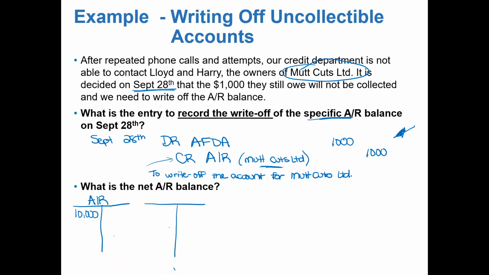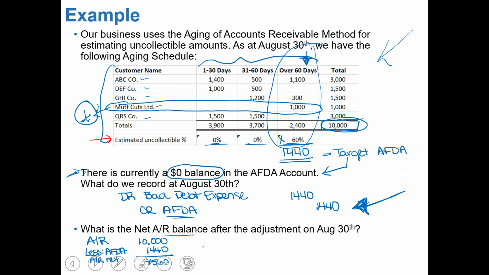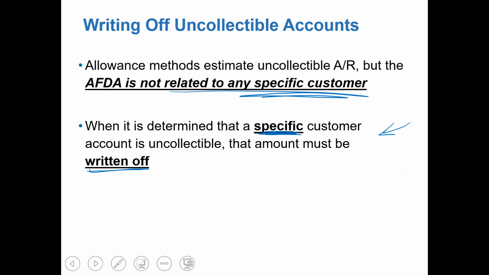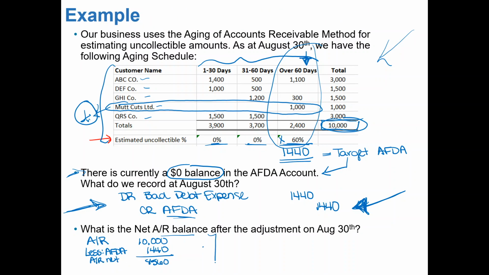And in our previous entry, where we set this allowance up, we estimated it, we booked AFTA as a credit of $1,440. So we booked the bad debt and we had this allowance of $1,440. So that was where we were sitting at August 30th. And that was how we got to this balance here of the $8,560.